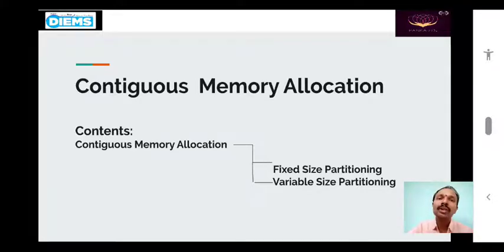Also, we saw that when it comes to storing data on the memory system, the data is stored in two different ways: the contiguous memory allocation scheme and the non-contiguous memory allocation scheme. What happens in contiguous memory allocation? We store the data like in an array.